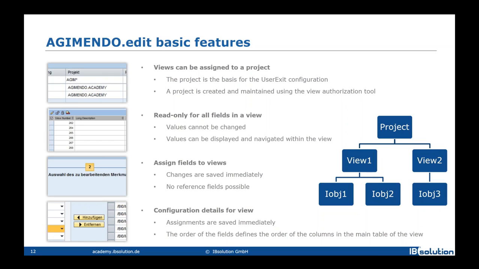For a project, you may assign a class of user exits that are going to customize your views. There is a possibility to set your views as read-only, and you may also choose to assign only specific fields or attributes of your info object in your views.